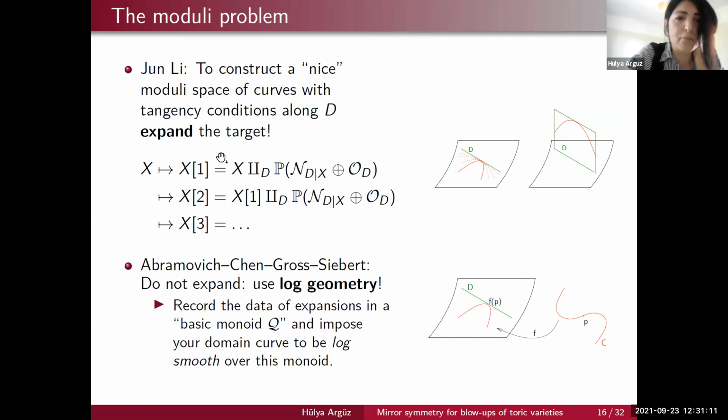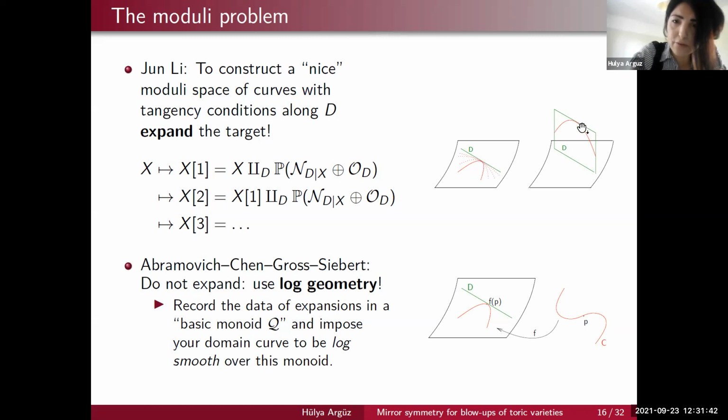So the problem to enumerate such things, if D is a smooth divisor, was proposed by Jun Li. Constructing a moduli space of such curves is subtle because when you touch the boundary at some point, if you want to obtain a compact moduli space, things at some point might fall in the limit inside the divisor D, and then you might no longer be able to keep track of the contact order.